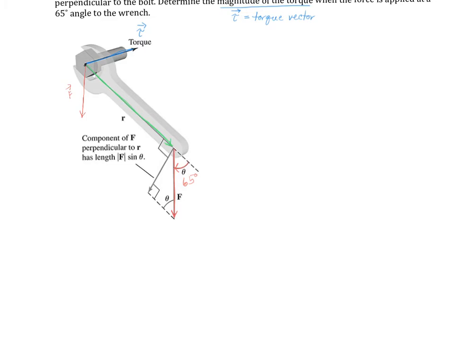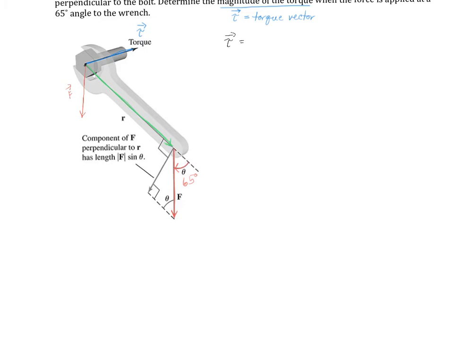Now my torque vector can be found by the cross product of the force vector and the vector r that represents the wrench. So this torque vector is going to be normal to F and R, and I can find it by crossing F and R, or should it be R and F?